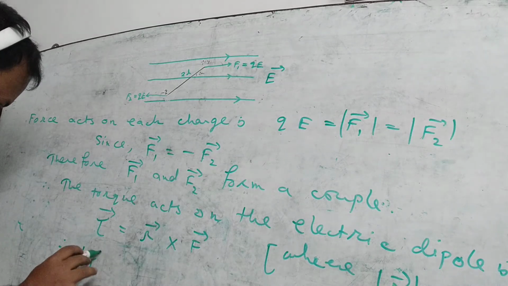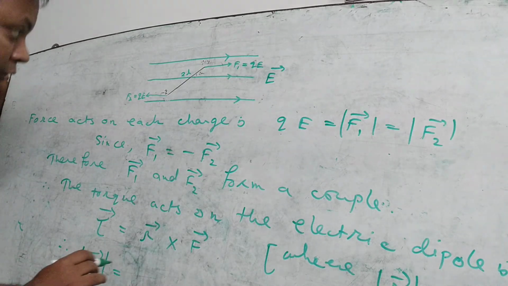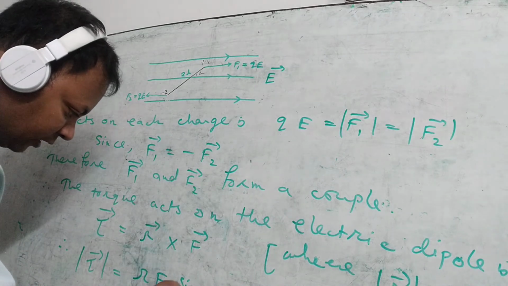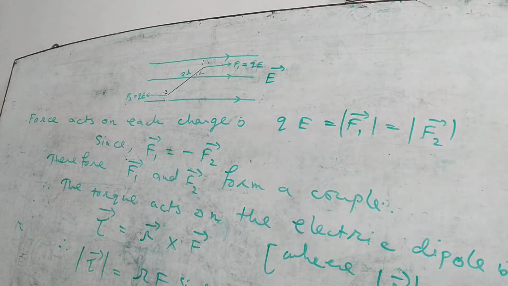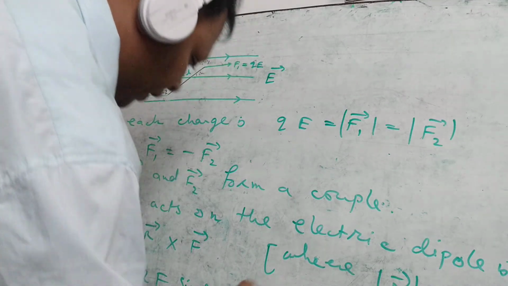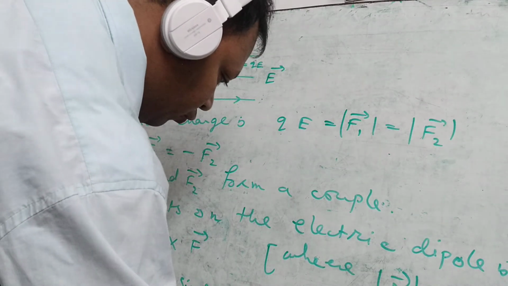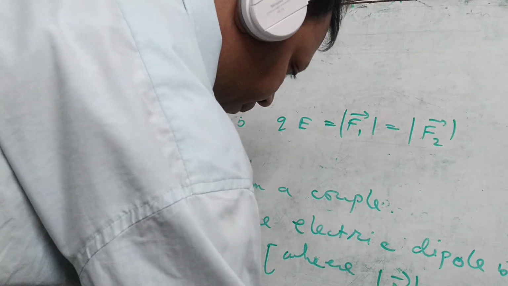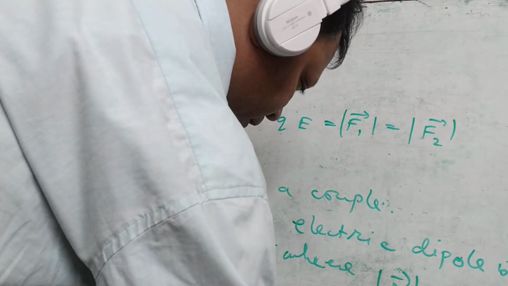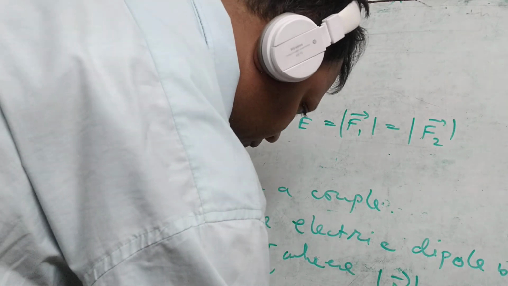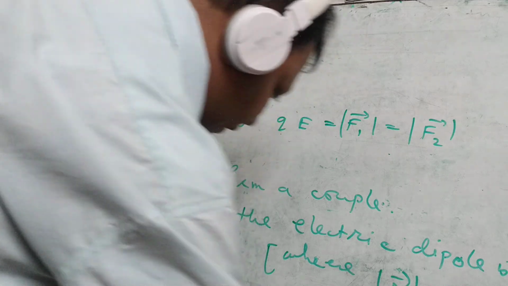Therefore, the magnitude of torque tau is equal to r F sin theta, which is equal to 2l into qE sin theta, which is equal to pE sin theta.